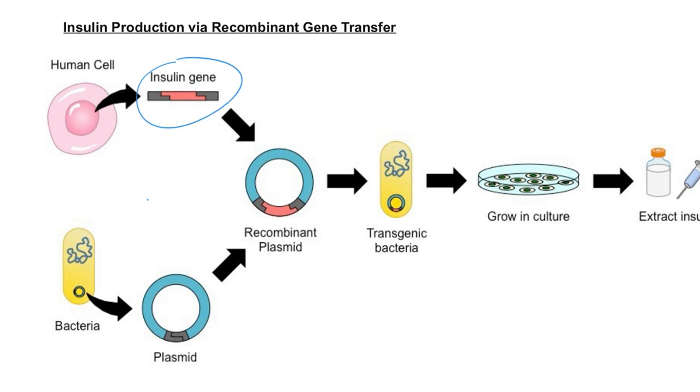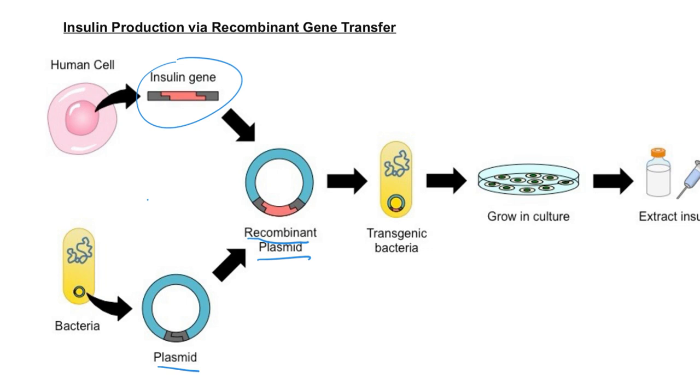You do the same thing with the plasmid: isolate the plasmid from bacteria and cut the plasmid with the same restriction enzymes that you used to cut the insulin gene out of the human cell. You mix those together, and they will form a recombinant DNA plasmid. Then you insert that back into a bacteria.